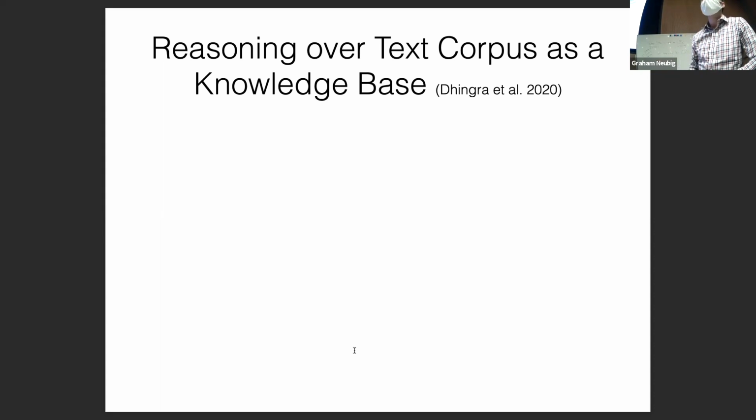So you can easily ask a question like, where did Barack Obama's daughter go to school? Then you follow the daughter or the child node, and then you follow the educated at node, and you get the answer. But if this is something that's not included in your knowledge base, obviously you can't answer the question.